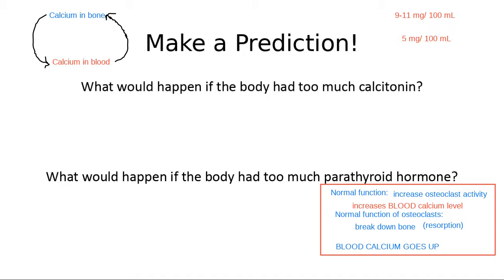Yeah, Nicole's right. The cell that allows me to take calcium that's in the bloodstream and store it in my bone are cells called osteoblasts. Remember my bone builders? They take blood calcium, hide it away in bone tissue.